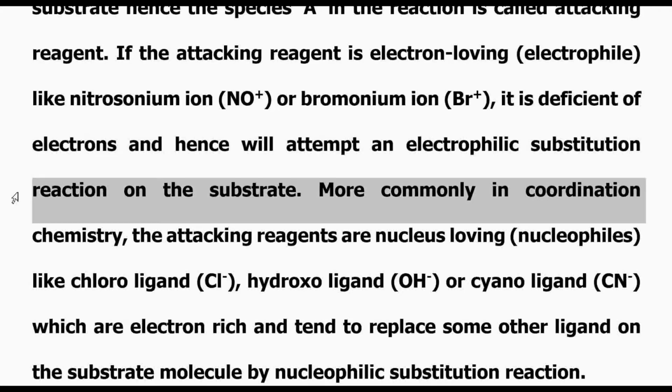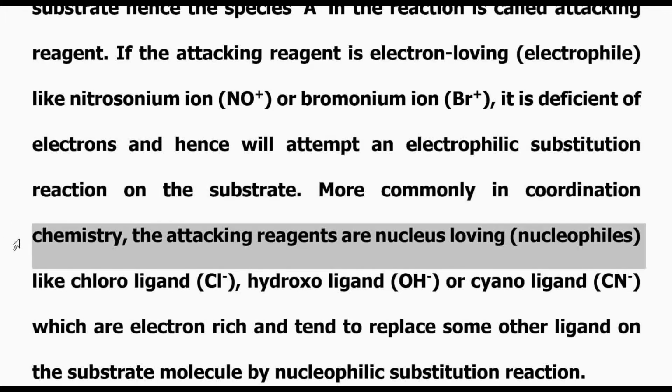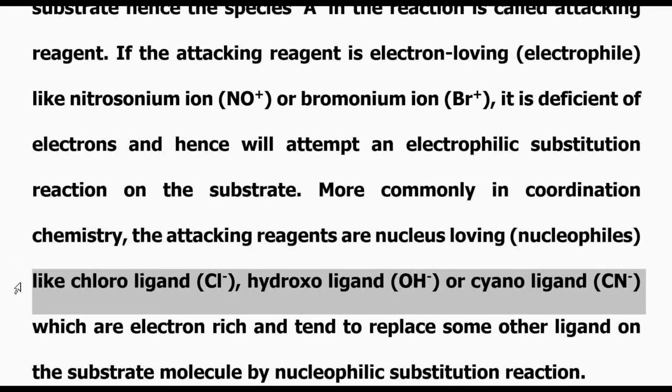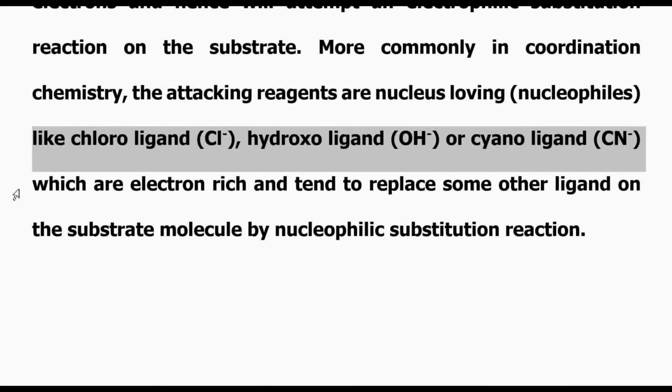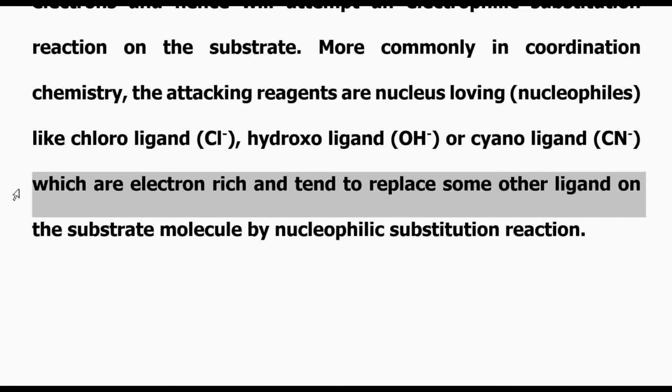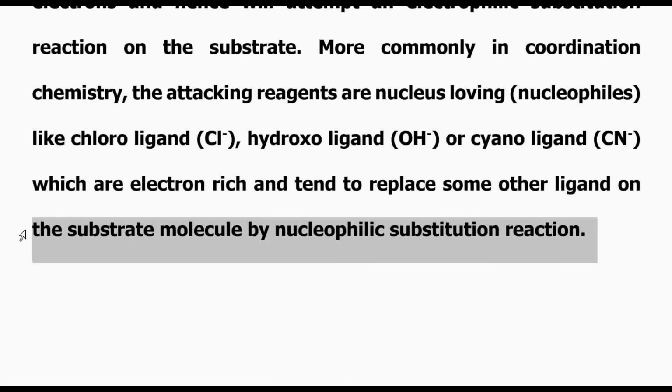But in most cases in coordination chemistry the attacking reagents are nucleus loving or nucleophiles, such as chloro Cl-, hydroxo OH-, cyano CN-, etc. These are electron rich, having negative charge or a lone pair of electrons, and therefore they tend to replace some other ligand on the substrate molecule by a reaction called nucleophilic substitution reaction.